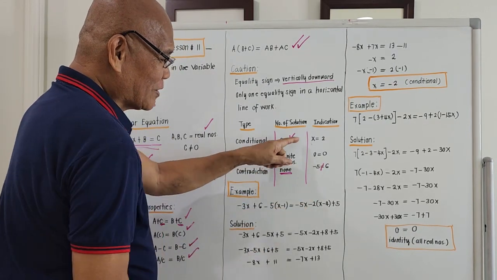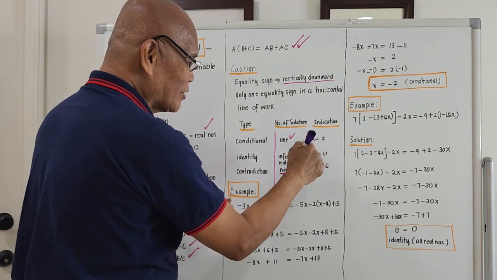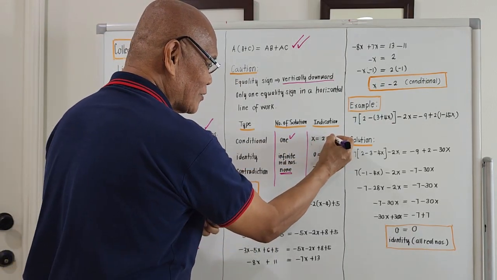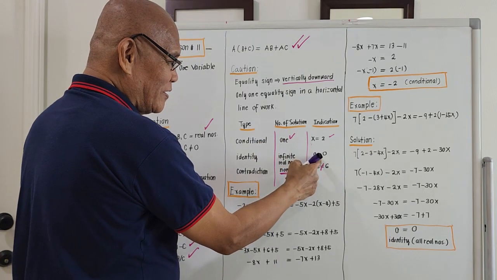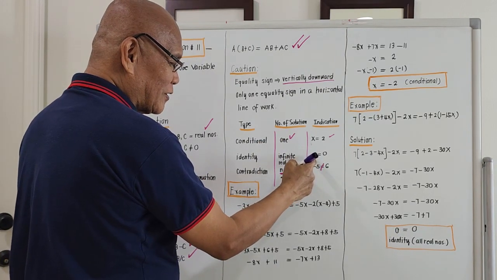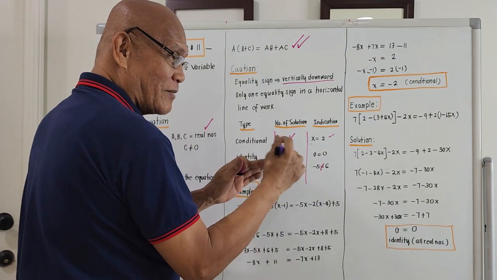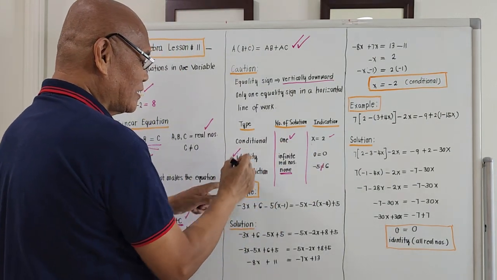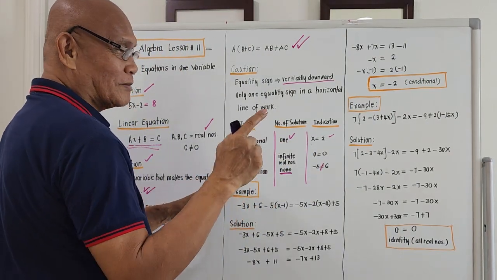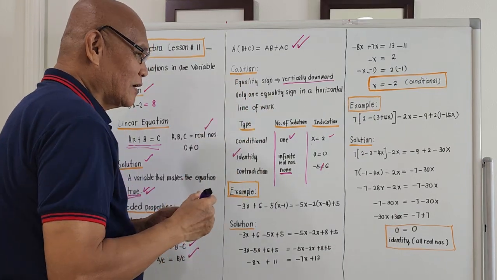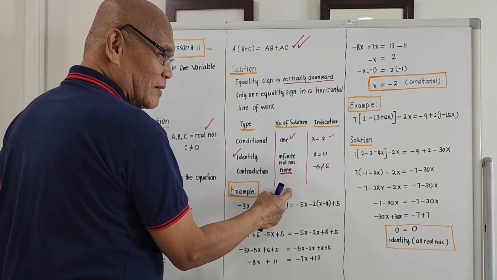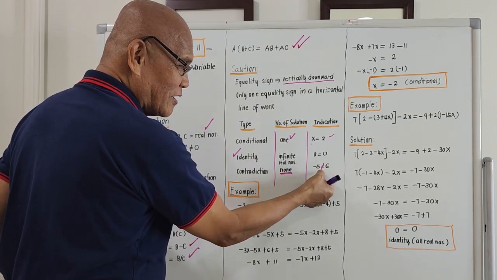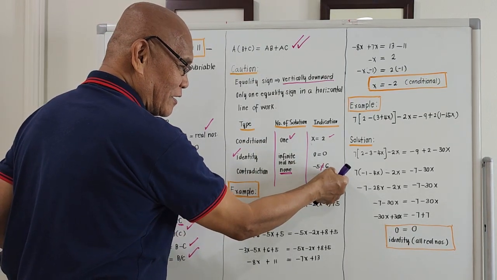Okay? For the first one, there is only one solution, x is equal to 2. Only one solution. For the next one, there is still an equal sign, but the value for both the left and right is the same. That's why it is called the identity linear equation. But for the contradiction linear equation, since there is no solution, the value of the left hand side is not equal to the right hand side.